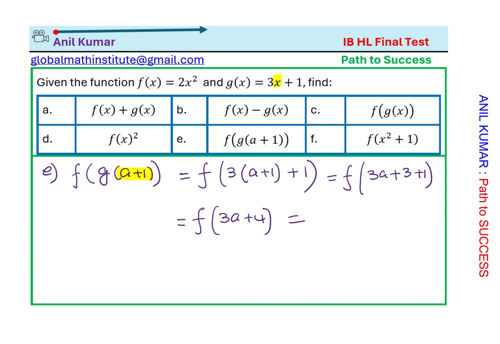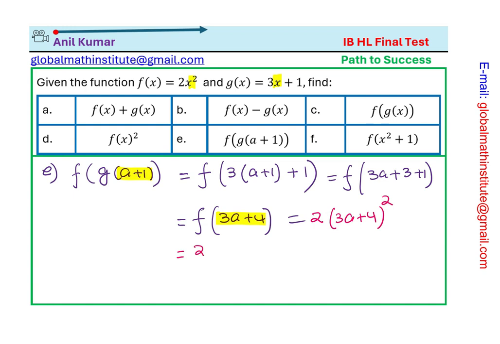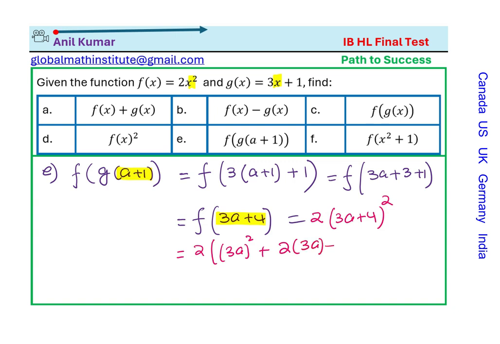Now we are going to replace in f of x the x value with 3a plus 4. And we get what? We get 2 times, x is now 3a plus 4, whole square. So this can be expanded using the formula a plus b whole square. So we get 3a whole square, plus 2ab, meaning 2 times 3a times 4, plus 4 square.